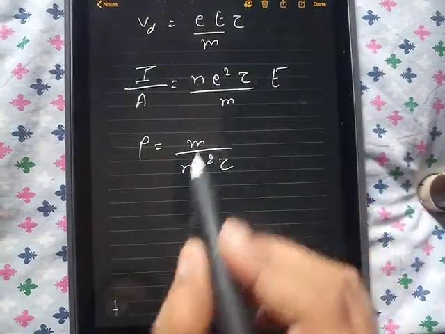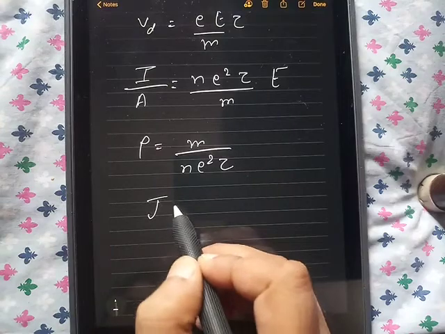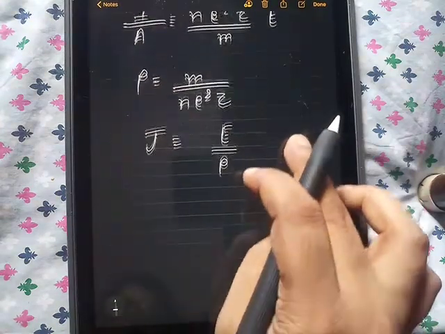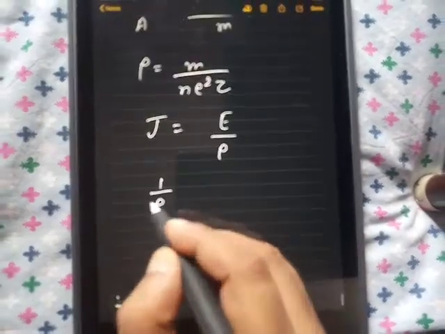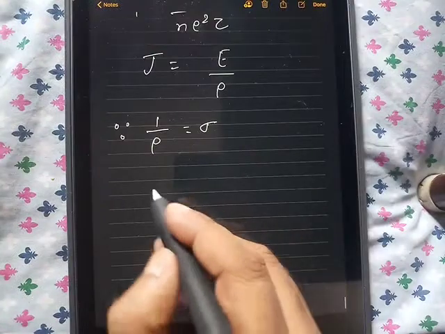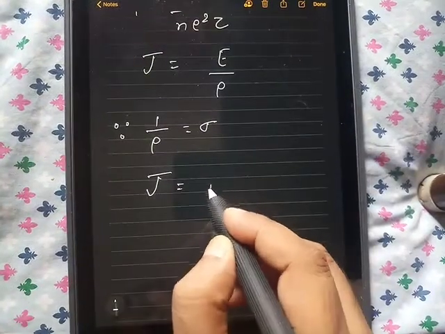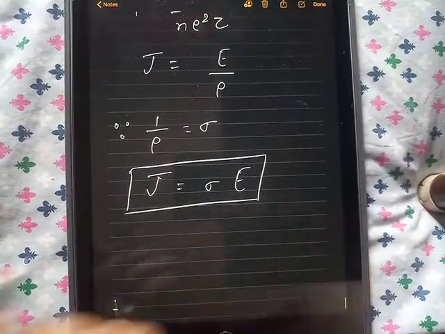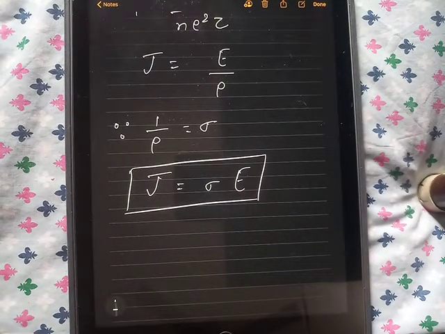So in place of this we can write J equals E by rho, and 1 by rho equals sigma. So we can write J equals sigma E. This gives the microscopic form of Ohm's law.